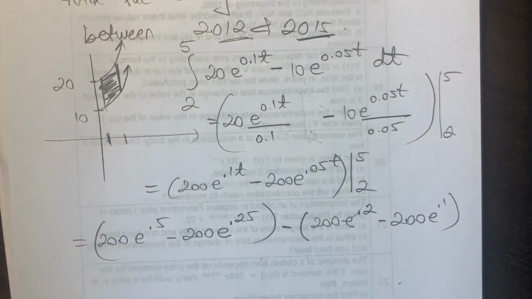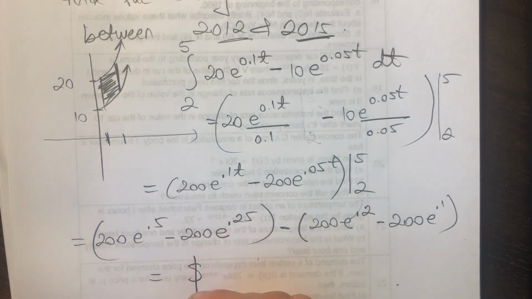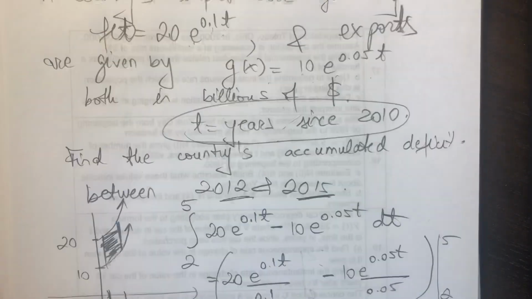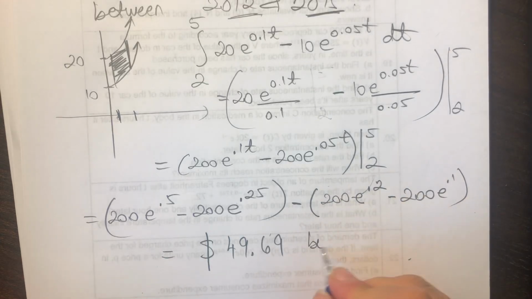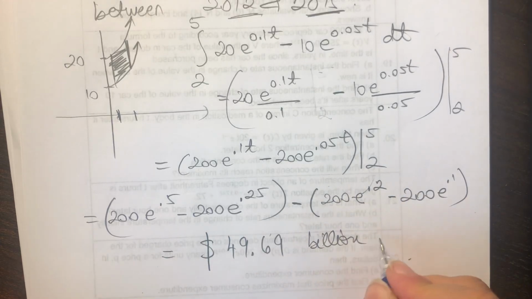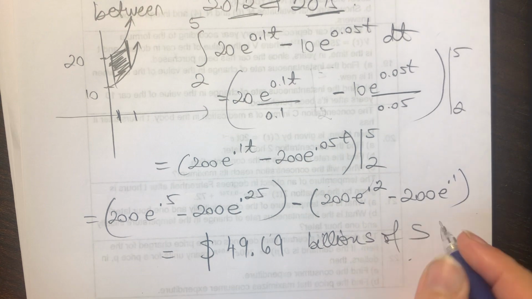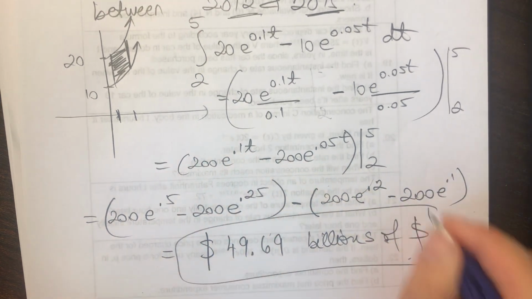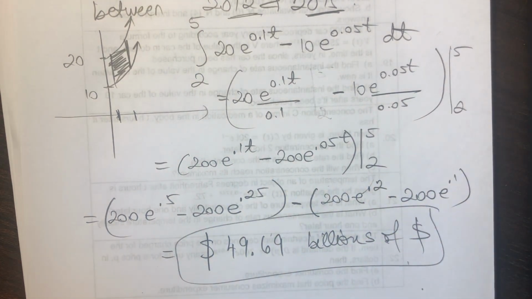I put that in my calculator, and that's 49.69, not dollars, but billions of dollars deficit in 3 years. And there you go. That's your section 5.6.